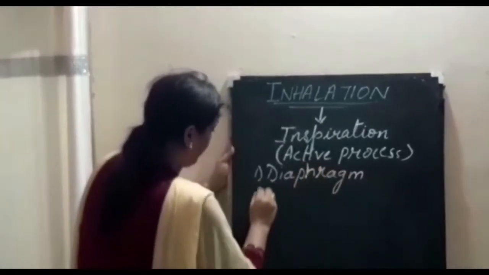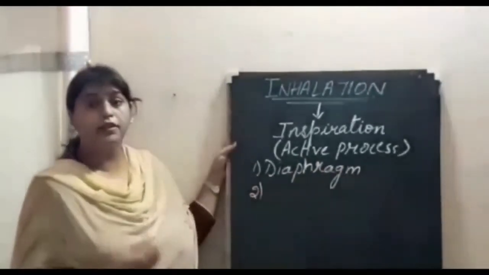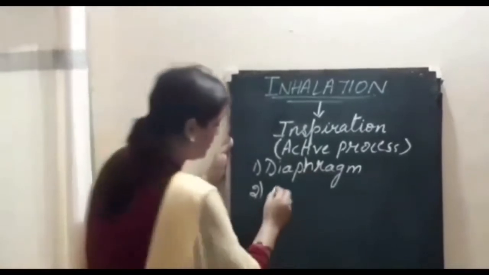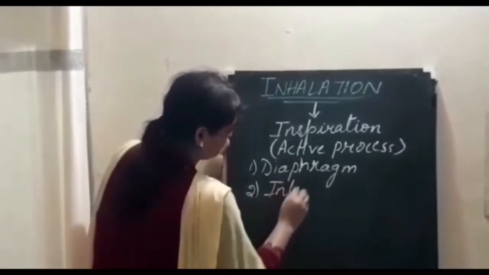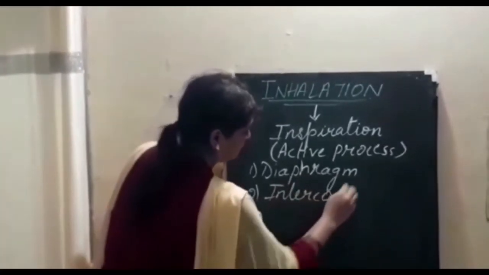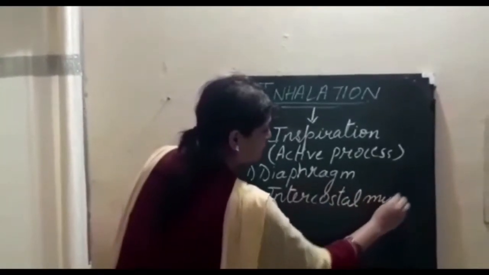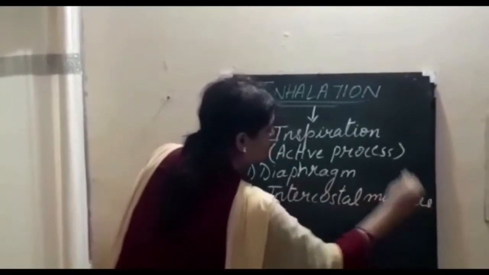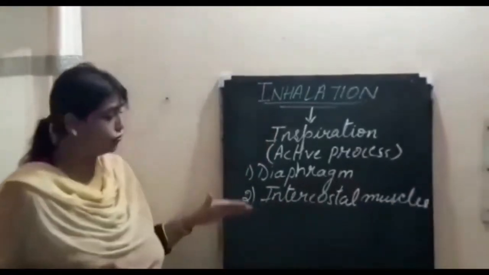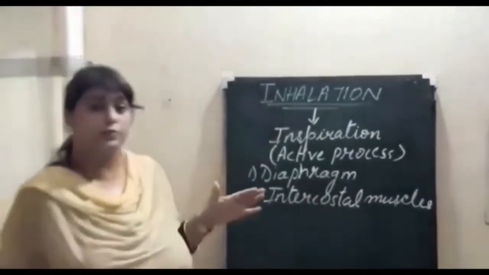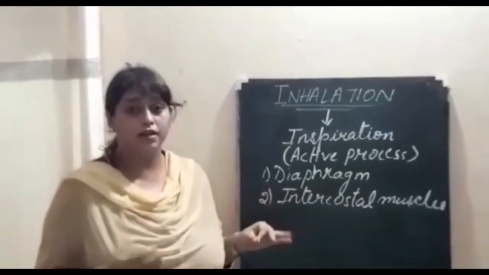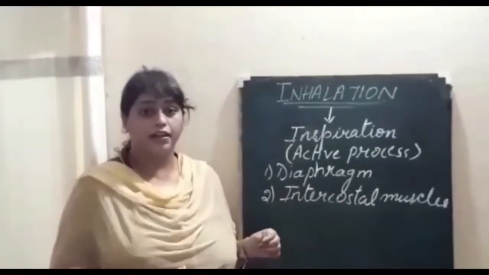And the second one is the external intercostal muscle. So these two are the main respiratory muscles that help in inhalation.